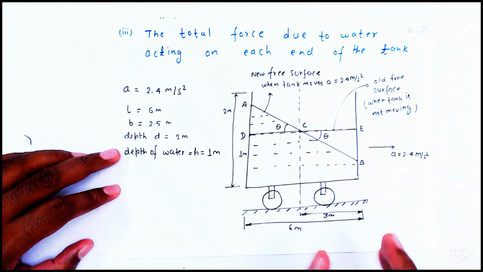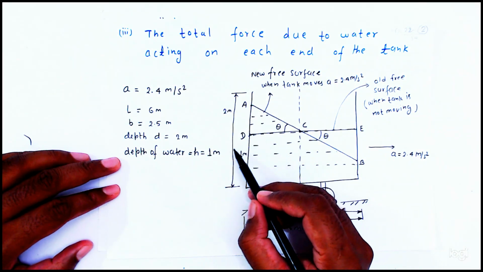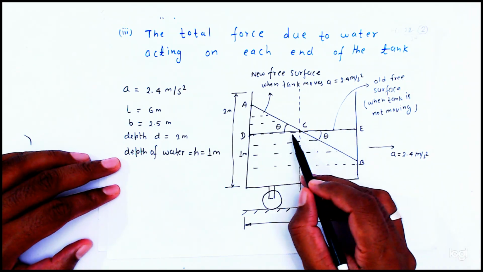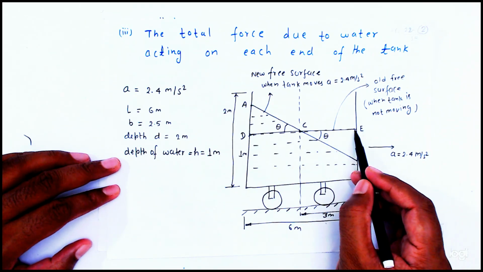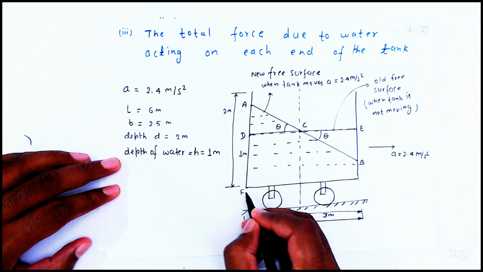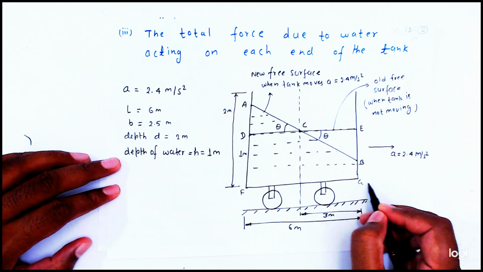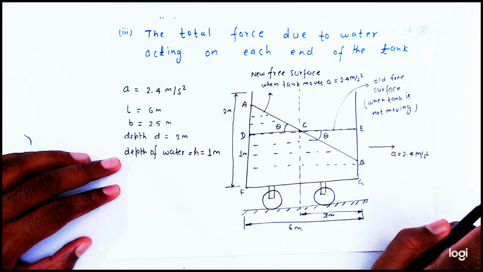Now it is saying that the liquid level is 1 meter depth. It means initially the liquid depth from the bottom is, here this point is F, so dF or EG value is equal to 1 meter.